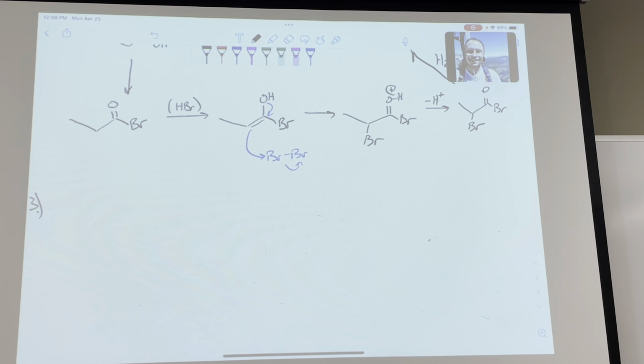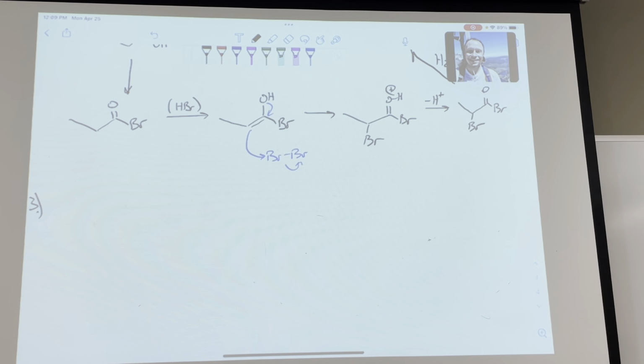And it's nice that we can put halogens on the alpha position, but let's branch out into even more useful chemistry, and that would be thinking about putting things like alkyl groups on the ring, doing carbon-carbon bond forming reactions with this enolate chemistry.